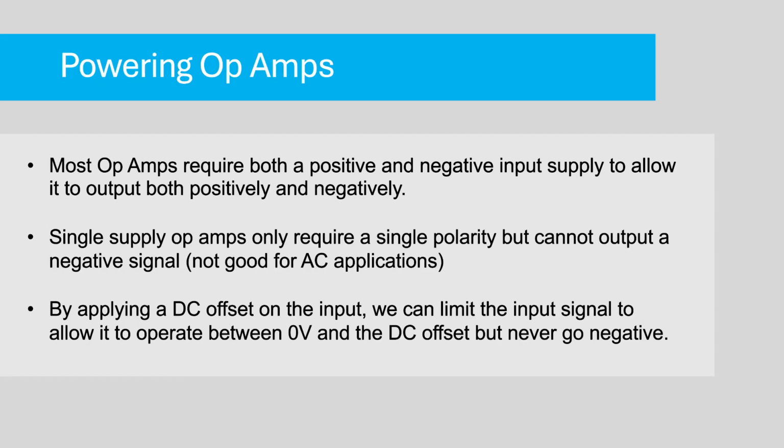So again, powering the op amp. Most op amps require both positive and negative supply to allow them to output both positively and negatively. As I mentioned, single supplies only use one polarity, so they can't output that negative signal, which, as I mentioned before, is not good for AC applications. By applying a DC offset on the input, we can limit the input signal to only operate between 0 volts and that offset.